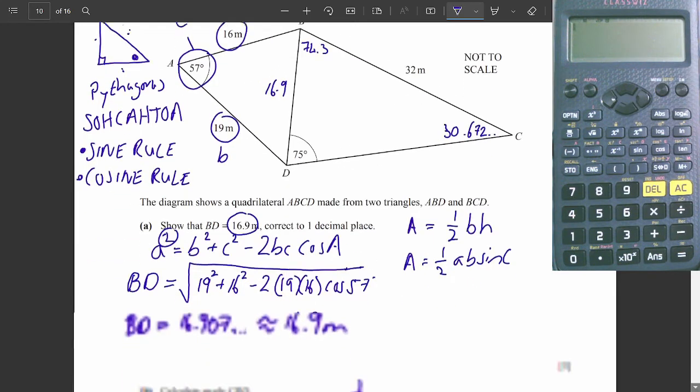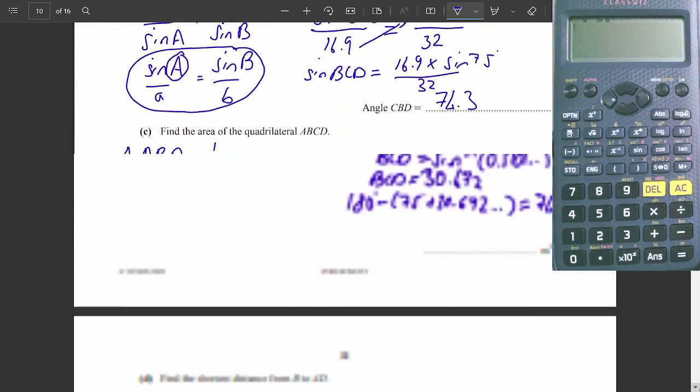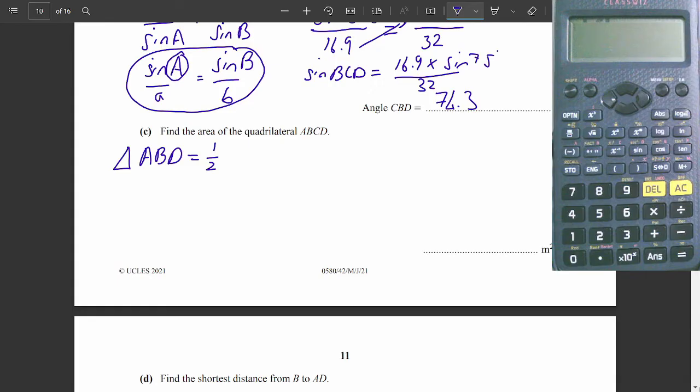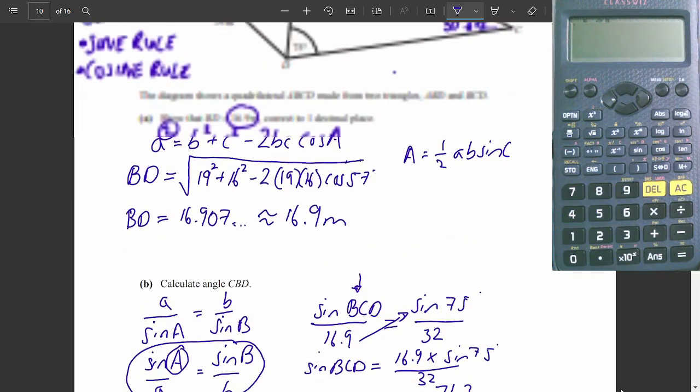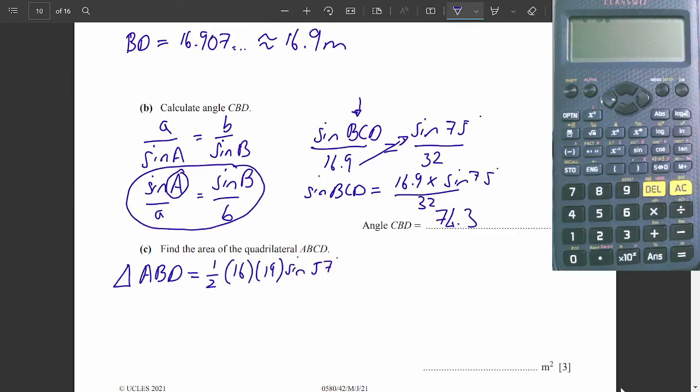All right, so relabel the triangles in such a way that you are comfortable. So our A was 16, our B was 19, and our C was 57. Okay, and all we need to do now is type that in.